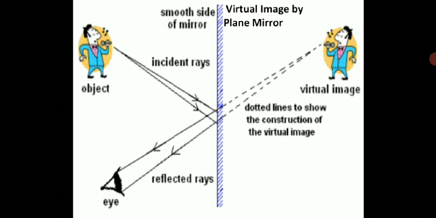So an erect image of yours will be formed on the mirror, and that is a virtual image, and the light rays over here appear to meet, but they don't actually meet, they will diverge from the same point.